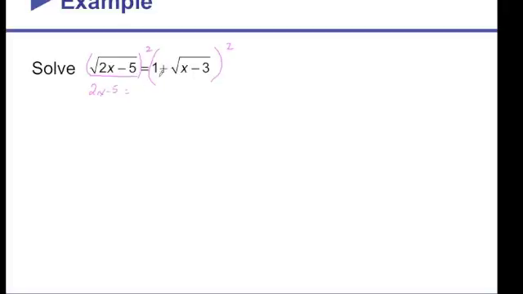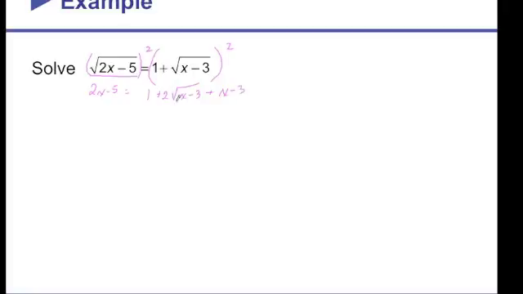But on the other side, square the first term. 1 squared is 1. Multiply them together, I'll get a square root of x minus 3. Double that, so 2 times the square root of x minus 3. And then square the last term. Square root of x minus 3 times square root of x minus 3 is x minus 3.